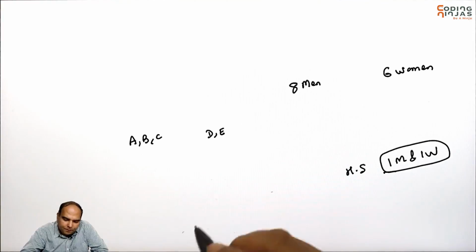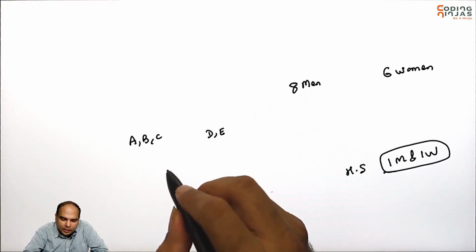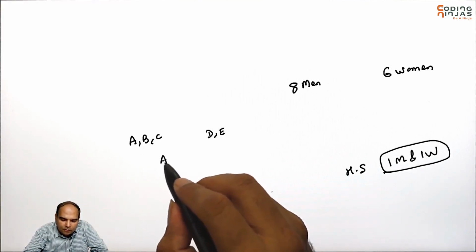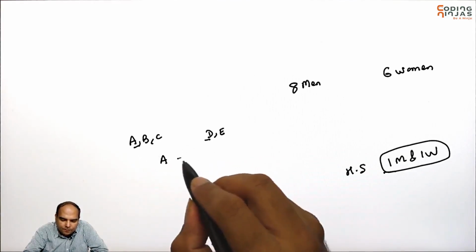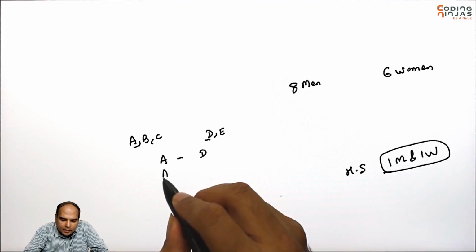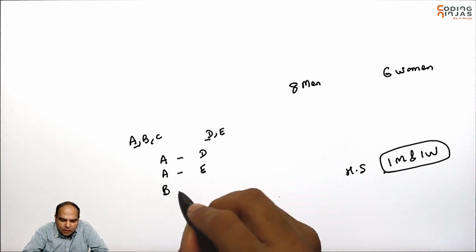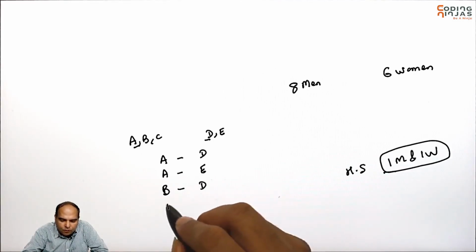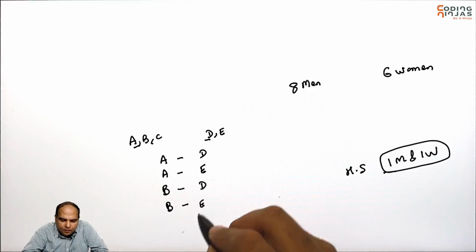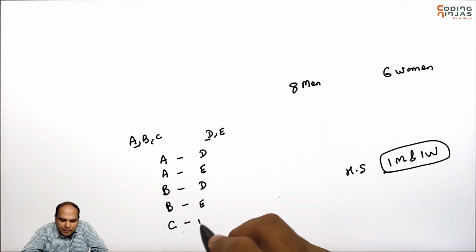Then one handshake will be A's handshake with D, the second handshake will be A's handshake with E, the third handshake will be BD, the fourth handshake would be BE, the fifth handshake would be CD, and the sixth handshake would be CE.